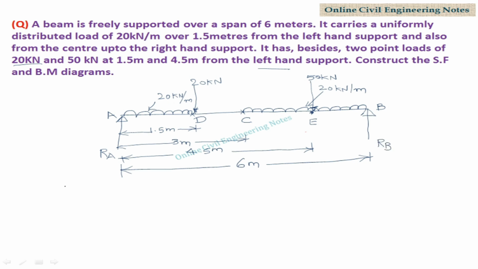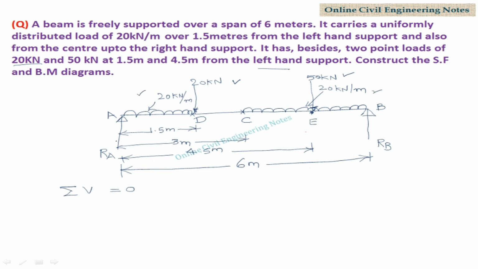Apply the condition sigma V is equal to 0. This means the algebraic sum of all the vertical forces must be equal to 0. In this beam, vertically downward forces are 20 kN point load, 50 kN point load, 20 kN per meter UDL load and 20 kN per meter UDL load.